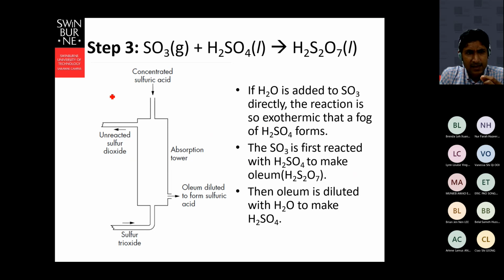And if water is added to sulfur trioxide, the reaction is so exothermic that sulfuric acid will be formed, but it will all go out as vapor. And then it is fogging, and then it has to be brought down to liquid.